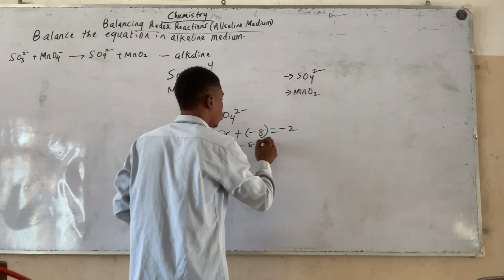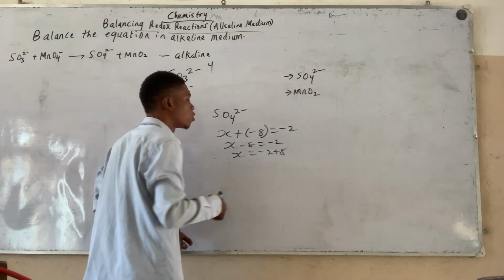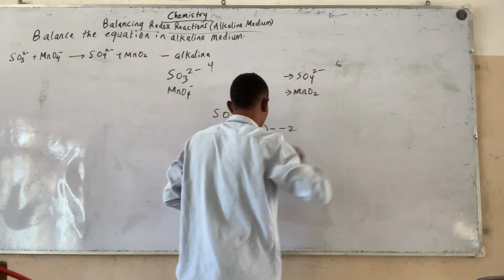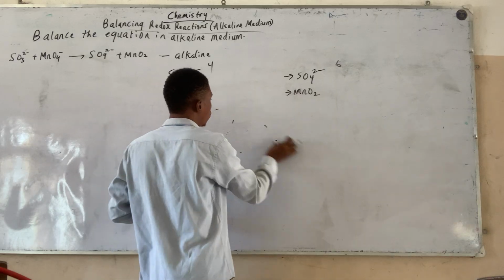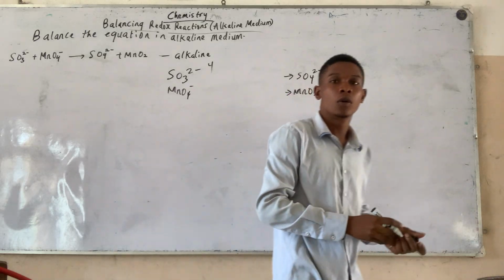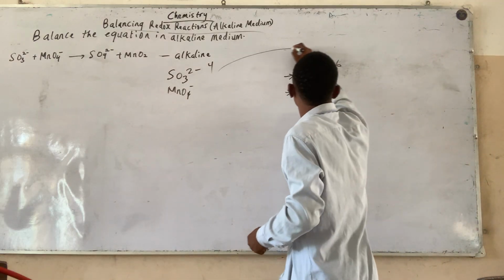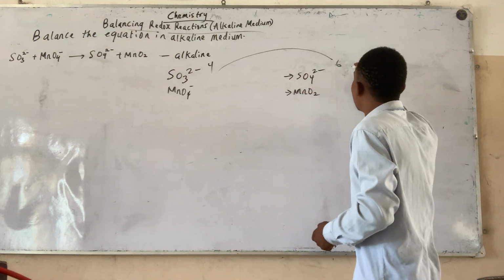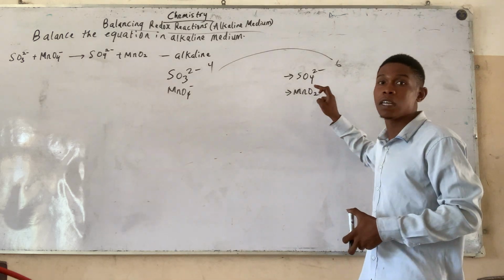X minus 8 equals -2. X equals -2 plus 8. So -2 plus 8 gives us 6 here. Even from this, we can deduce which one is oxidation, which one is reduction. There is an increase in oxidation number here from 4 to 6. Definitely, this is an oxidation reaction.